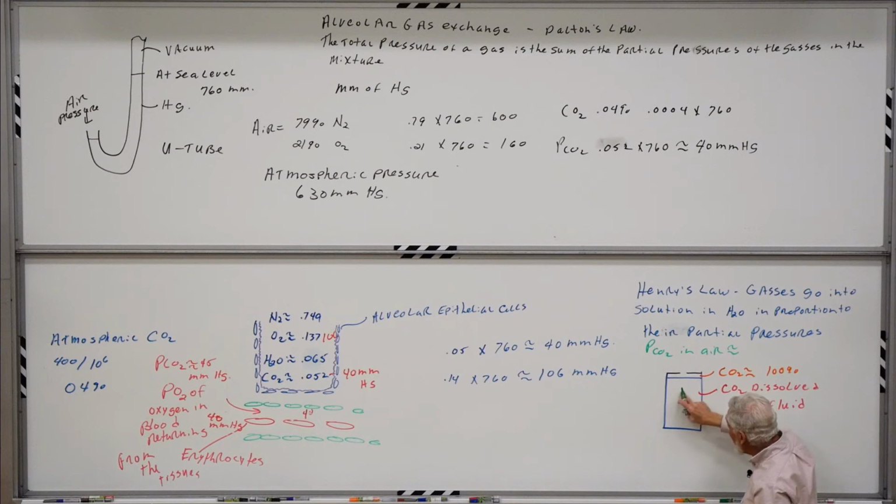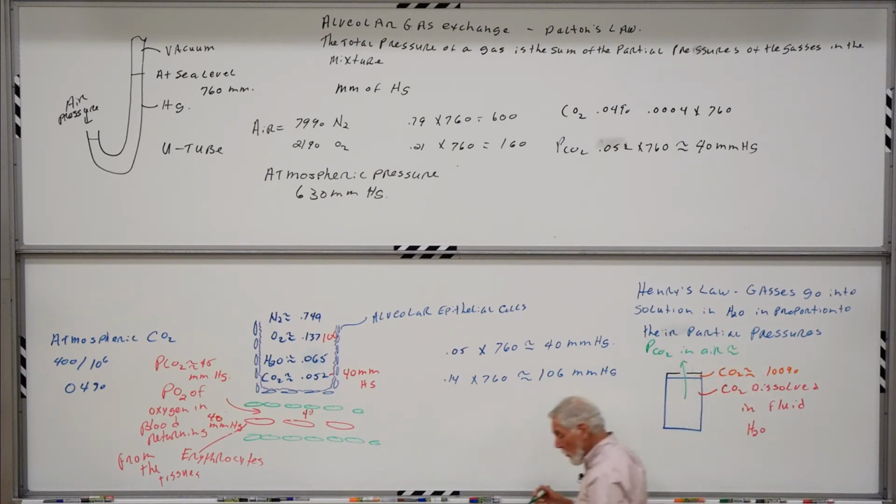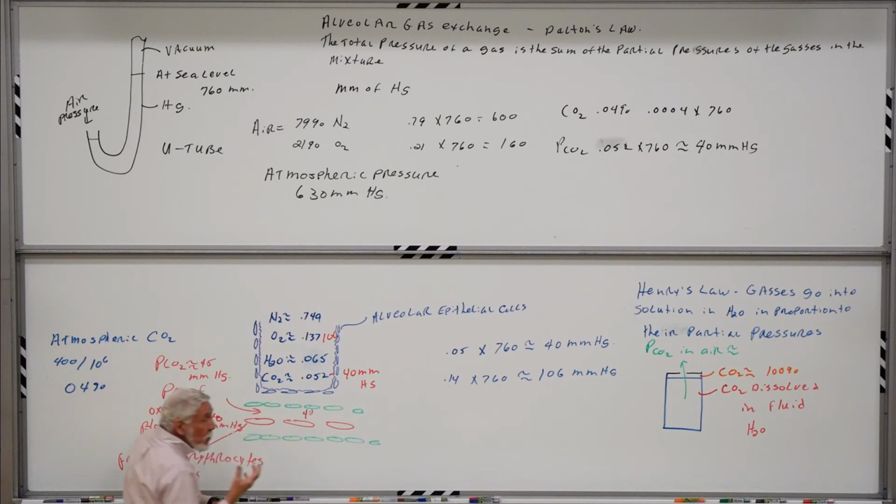So that means this carbon dioxide comes out of solution and goes into the air, and the number of molecules of carbon dioxide available to go back into solution in your beer is practically nil. So this is another way of exemplifying Henry's law. It simply says that gases go into solution in proportion to their partial pressures. In a closed can, the partial pressures are really high, probably 100% CO2. But when you open it, now the partial pressure of CO2 is practically nothing, and that allows the carbon dioxide to leave. But Henry's law becomes important here.